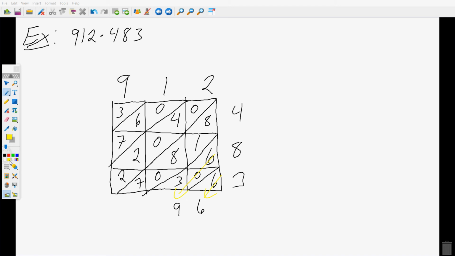In the next diagonal, I have 8 plus 1 plus 8 plus 0 plus 7. When I add up all of those, that is actually going to give me 23. So I'll put a 3 at the bottom, but I will need to carry the 2 into the next diagonal.